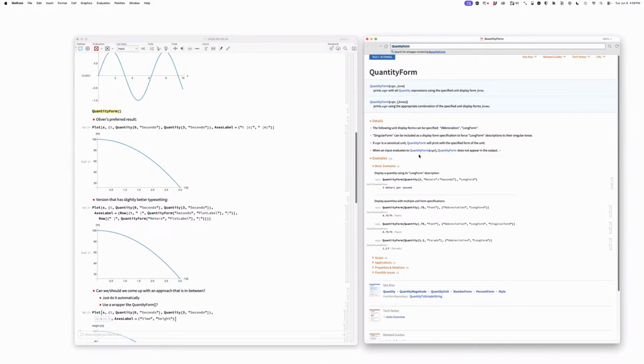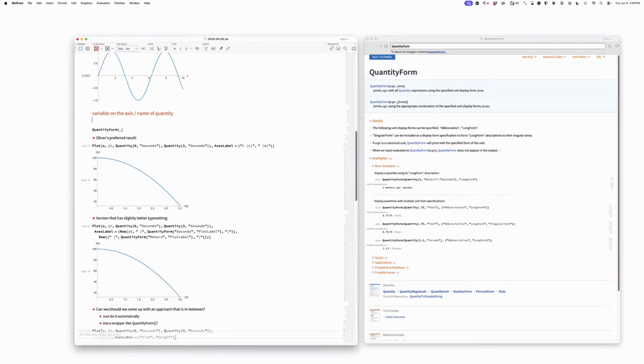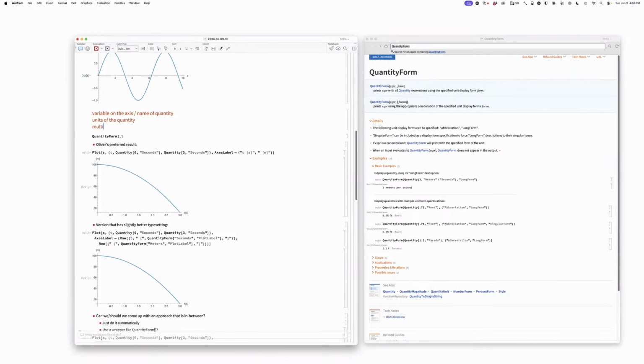I don't think it's a great idea, but let's think it through a little bit. We've got three things that we think we want here. We've got the variable on the axis, or its name, the name of the quantity. We've got the units of the quantity, and we've got possibly the extension, the multiplier.